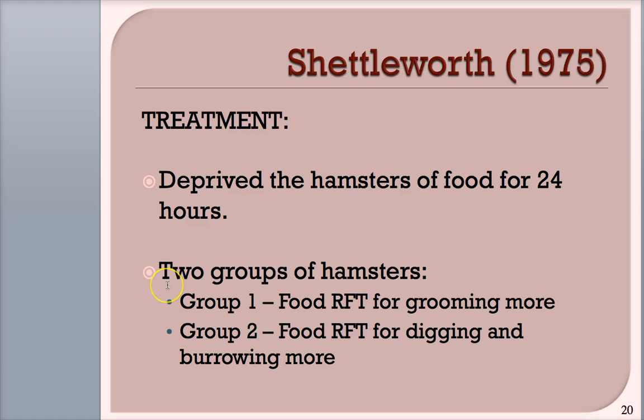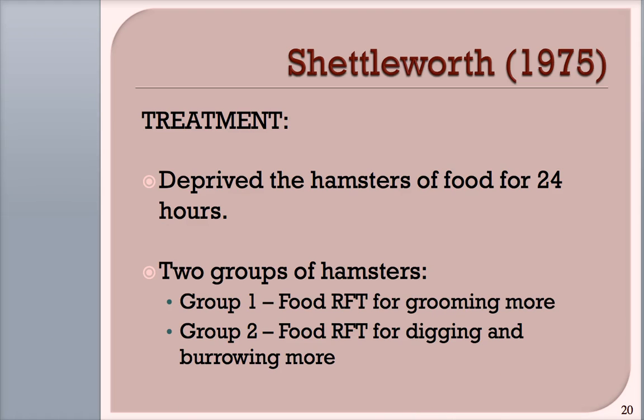And then she withheld food for 24 hours. After 24 hours, she divided her hamsters into two groups. One group was given food reinforcement for grooming more. So all they had to do was groom and she would deliver food.